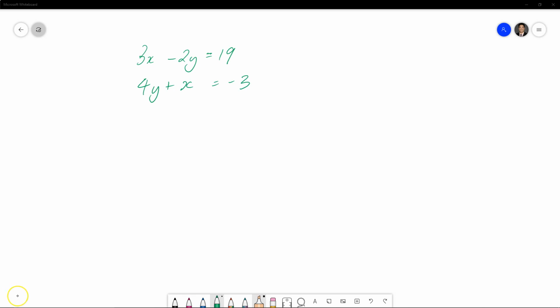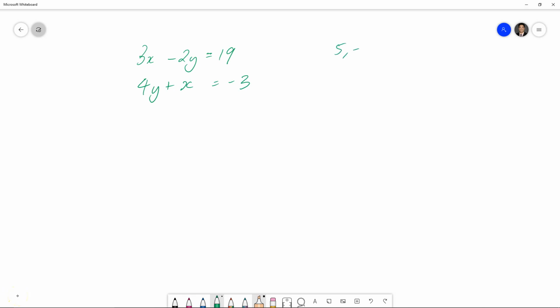I'd like you to check if (5, minus 2) is a solution. So we've got two lines here, and they're going to cross over each other, and we want to know if (5, minus 2) is the point of intersection where they cross over.